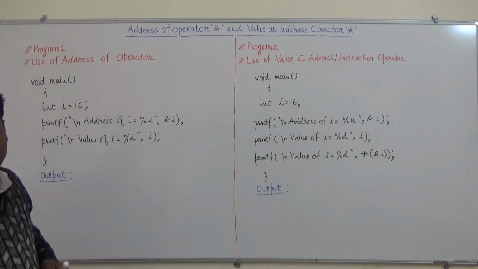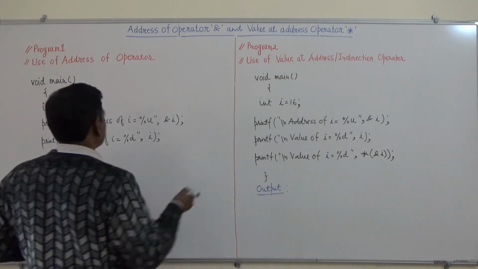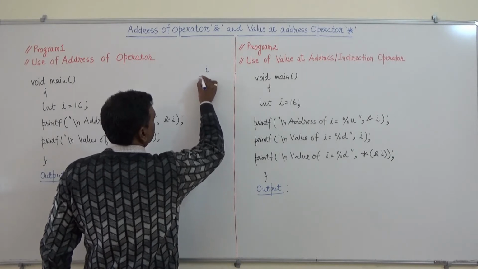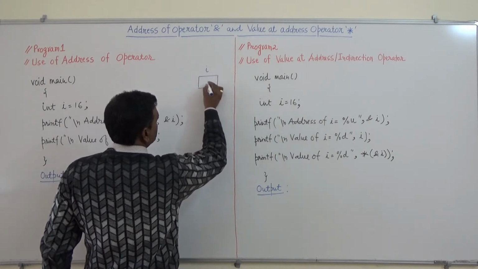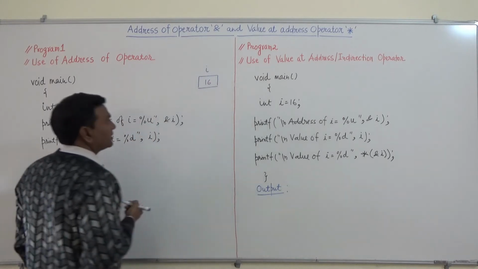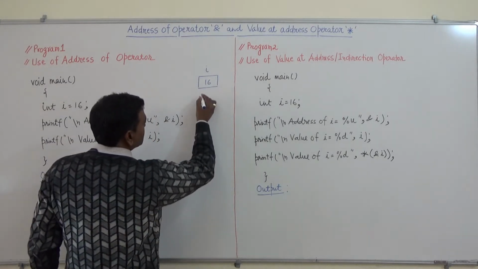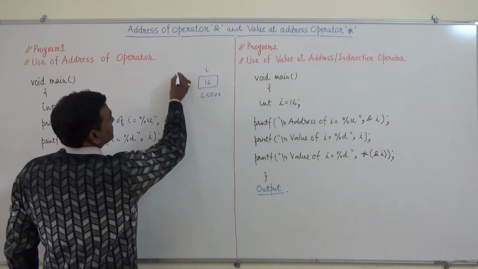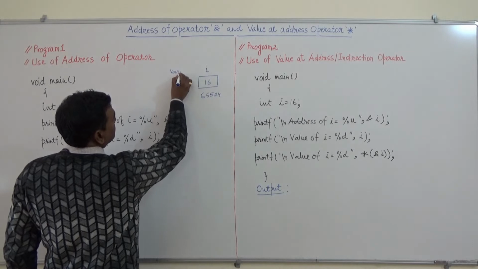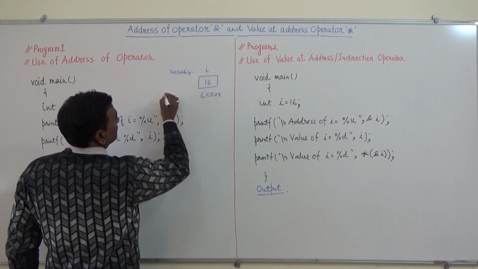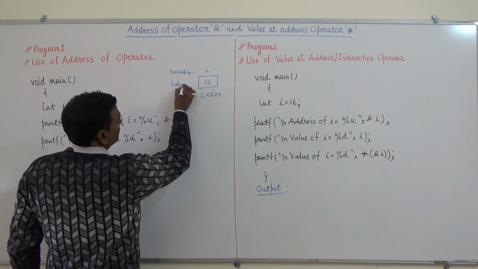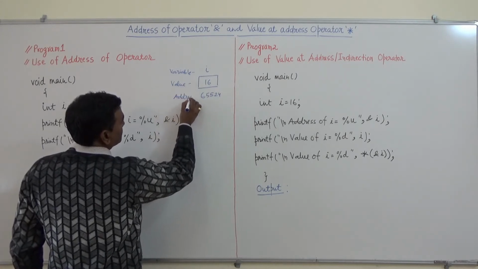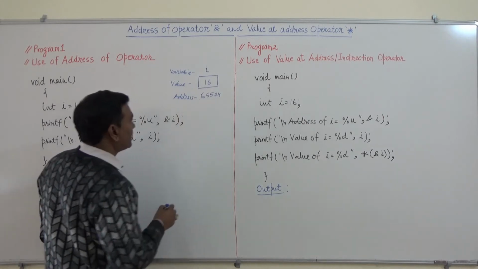So if this is the variable and its value is 16, then its address in the memory, say, is 65524.